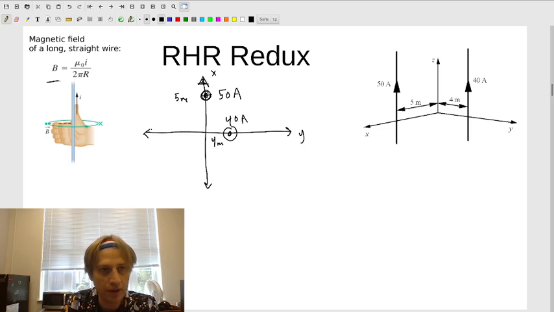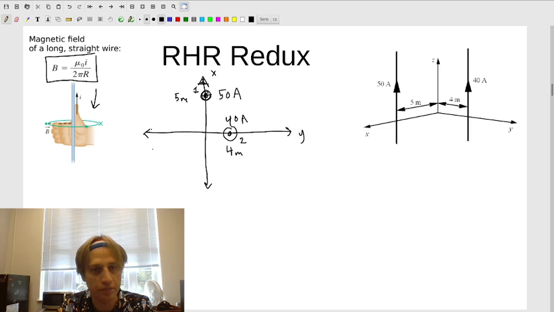Well, we know the magnetic field from a long straight wire, and we know how to apply the right-hand rule. So if I use this, I should be able to figure out, let's call this current 1 and current 2, the direction of each one of those magnetic field contributions using my right-hand rule. And then I can also figure out what the magnitude of that field is.